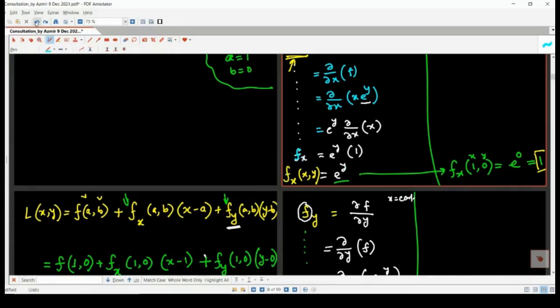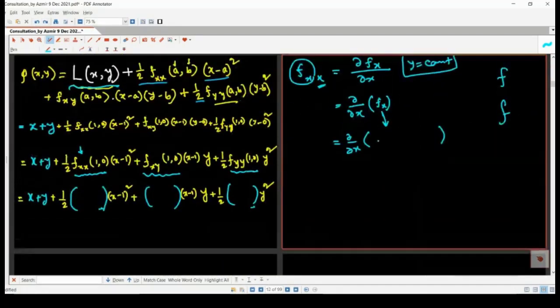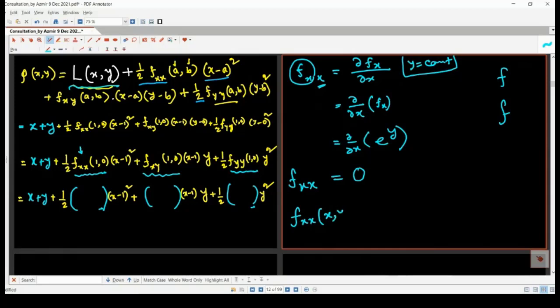So we have to replace f sub x with e power y. I hope you have understood this one. Since y is constant, e power y will also be a constant. So the derivative of e power y, or derivative of a constant, is 0. So f sub xx equals 0. That means f sub xx of x comma y is also 0.